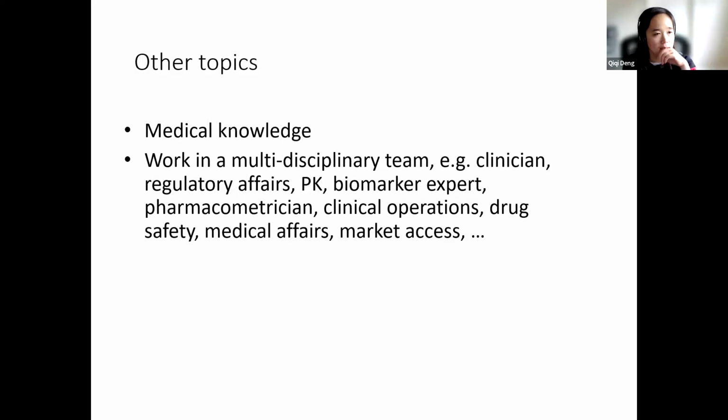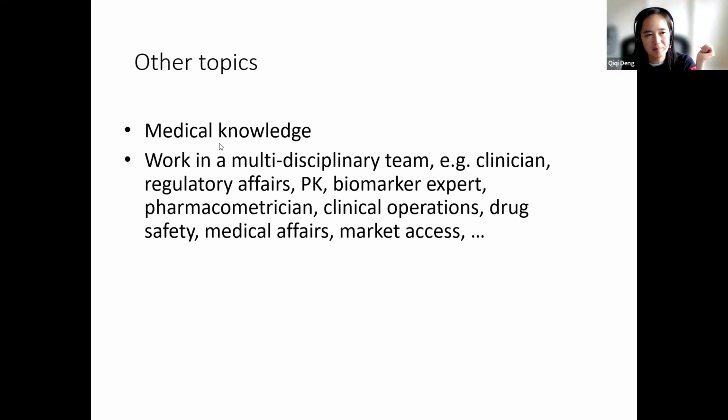And then finally, I think for a biostatistician working in this industry, besides the statistical topics we just talked about, and besides the basic knowledge of drug development, there are other things that will be very, very beneficial. First of all is the medical knowledge for the disease that you're working on.